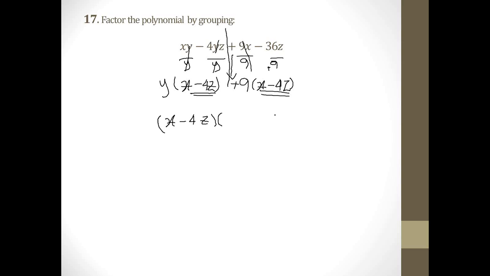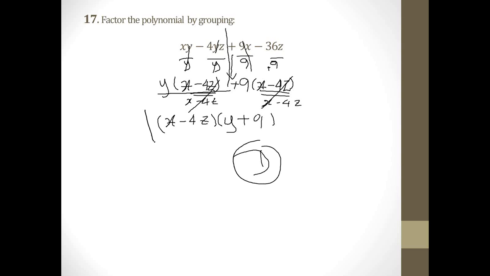If that's a GCF, that means I'm dividing each term by the GCF, so this cancels, I'm left with a Y, and this cancels, and I'm left with a 9. So this is my final answer, and that's letter D for you.